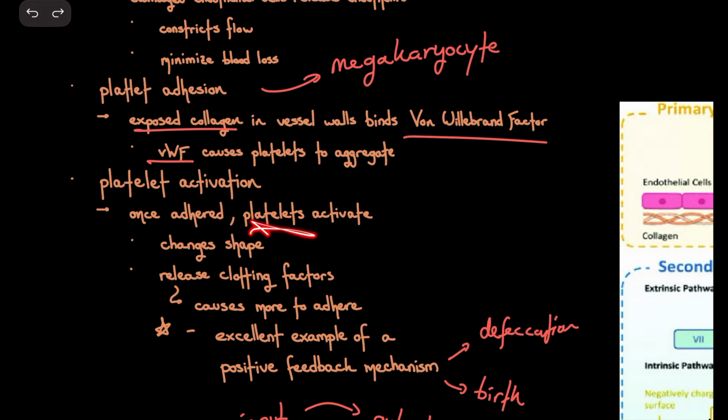So that platelet changes shape and releases a bunch of clotting factors. Those clotting factors tell the platelets, come here, we need more platelets to the area. We've sprung a leak here, and I can't do it by myself, so get more and more platelets. So more come.